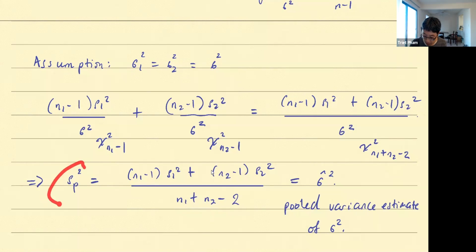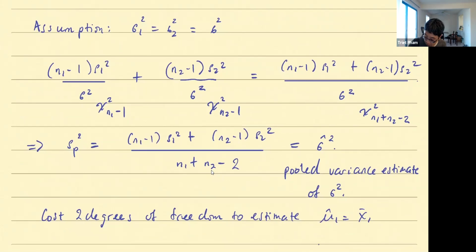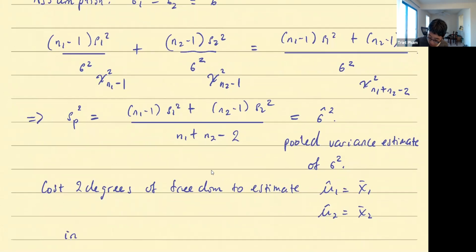To come up with this estimator, you need to estimate two parameters, mu1 and mu2, because it costs you 2 degrees of freedom to estimate mu hat 1, which is x bar 1, and mu hat 2, which is x bar 2, in sp square.